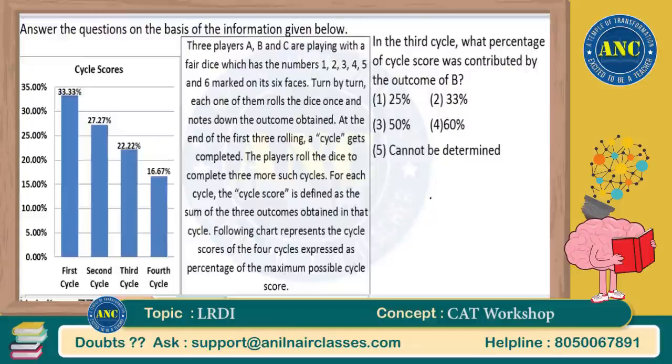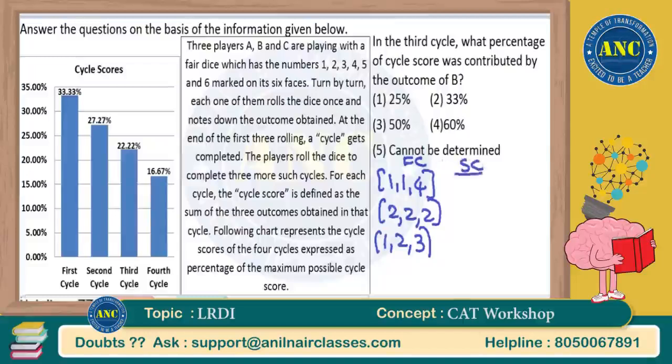First thing we have to write down here, sir, to get A. So 116, 114, 222, 123. These are for the first cycle. Second cycle: 113, 5 by 18 into 18, 122. Third cycle: 4, 112. That's all.